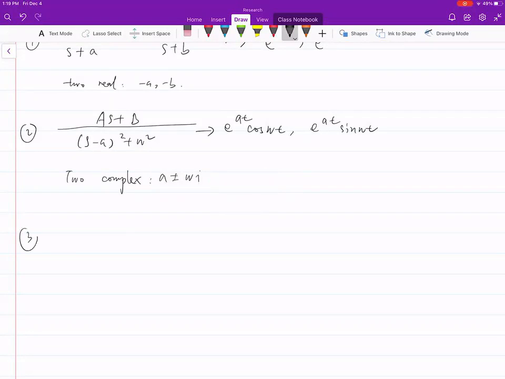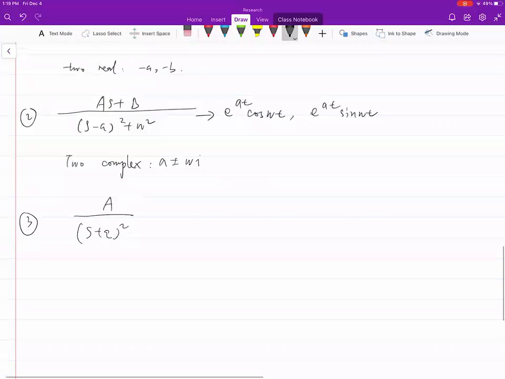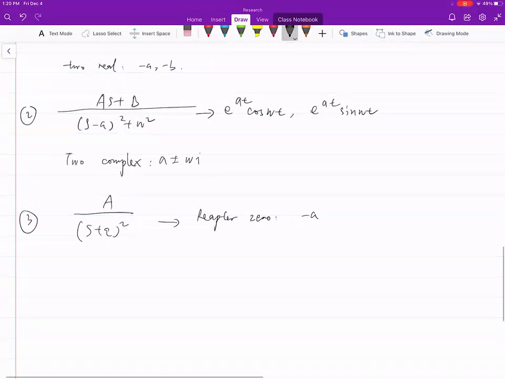Finally, we have a third possible case. That is, you have (s plus a) squared. We don't know, but we do know this one corresponds to a repeated root, negative a with multiplicity 2. According to our experience, this corresponds to e to the negative at and t times e to the negative at.